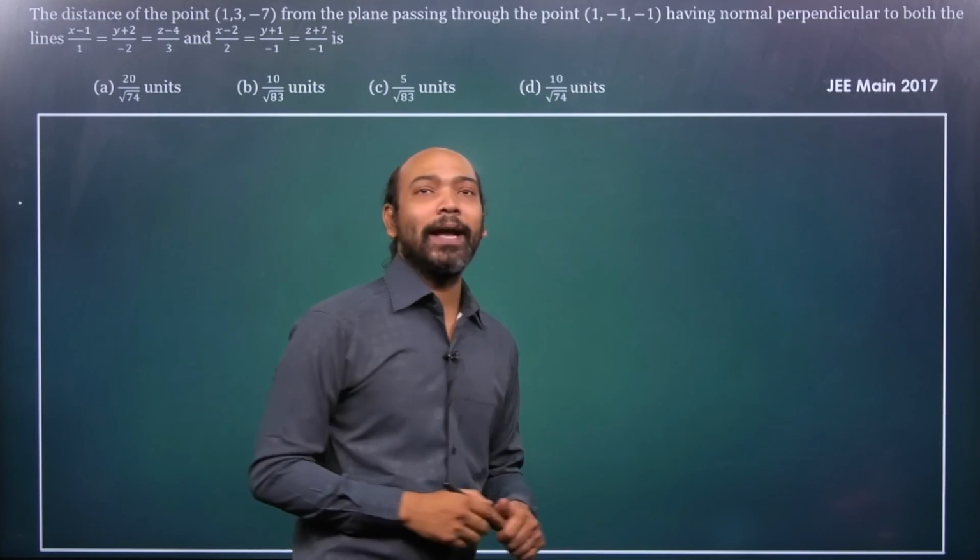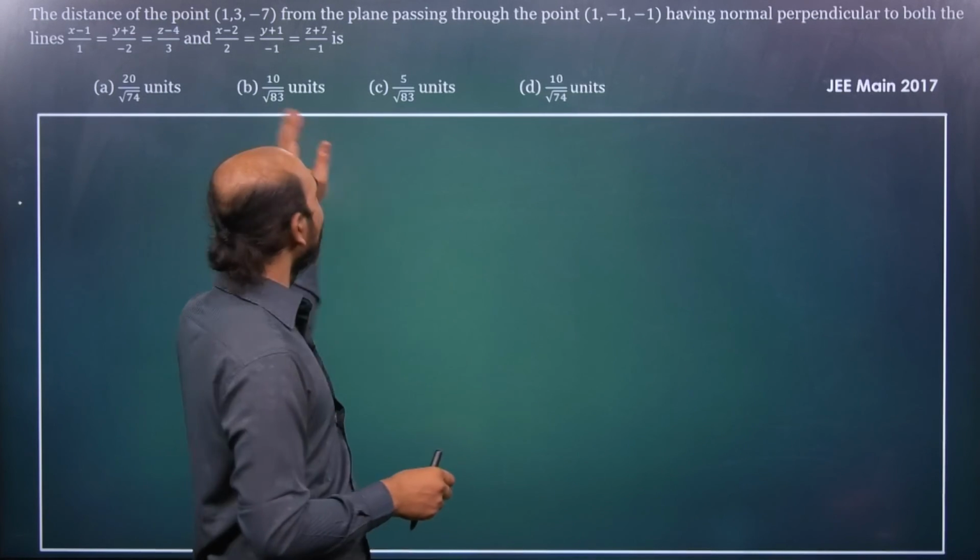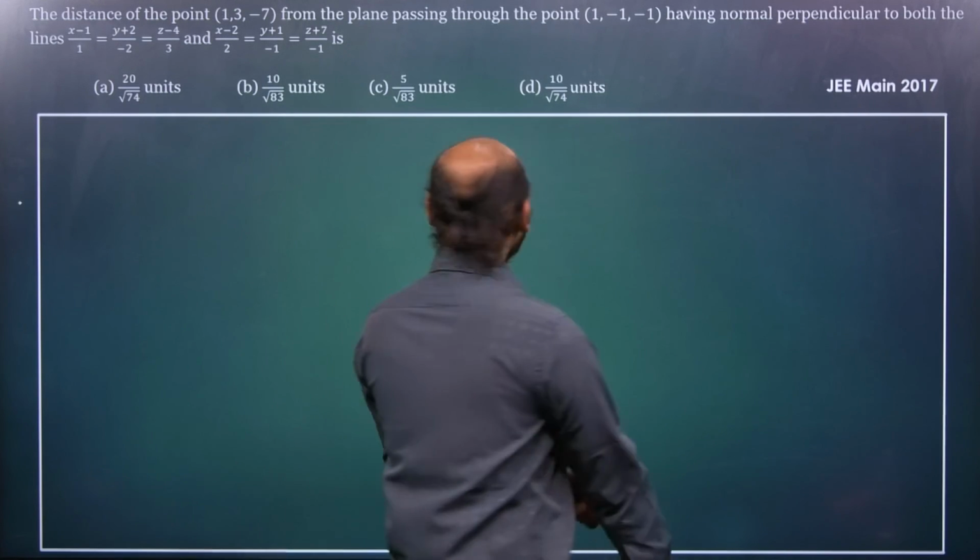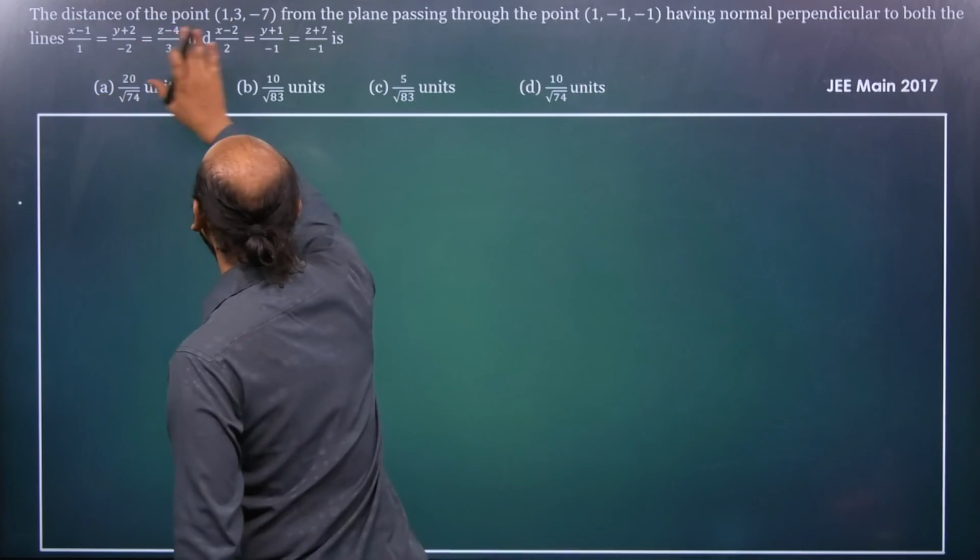So first go ahead and see the direction ratios of the given two lines. Let me consider this as line 1 and line 2.